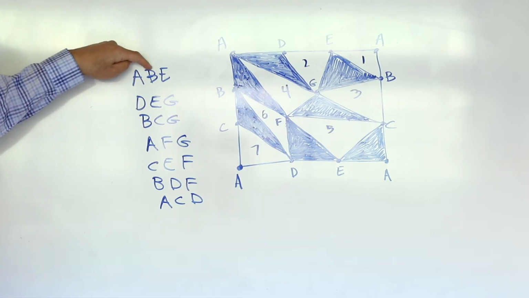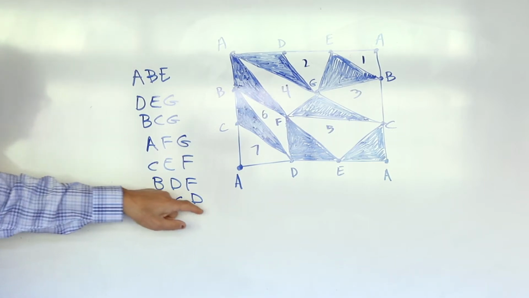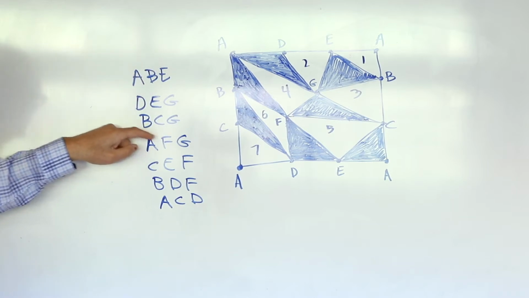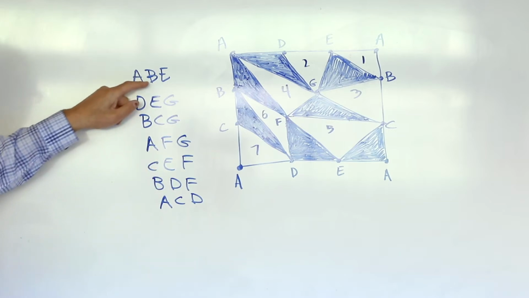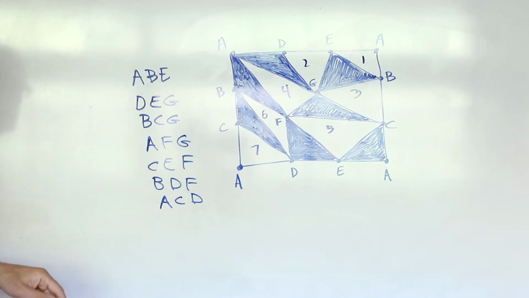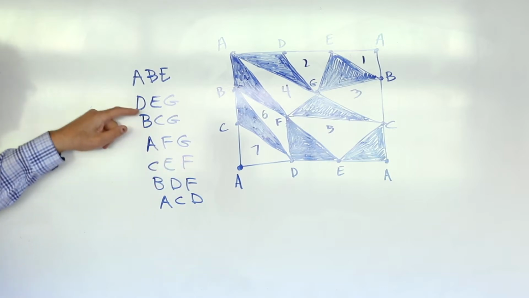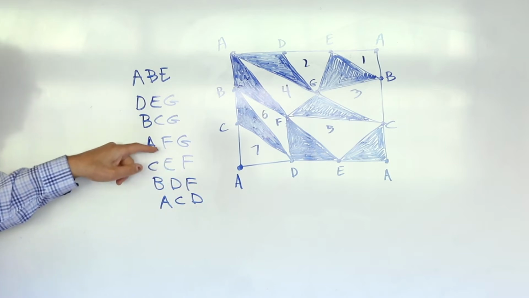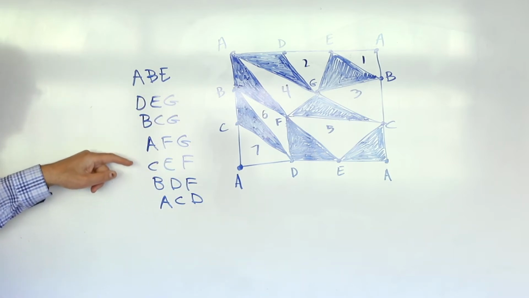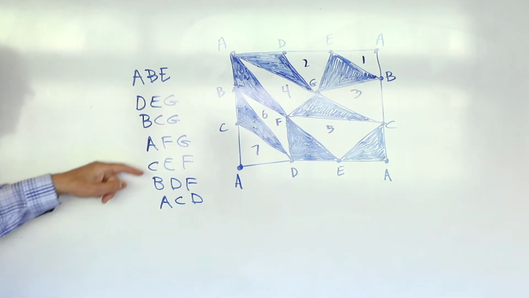So I'll have A and B in the same line, A and C, A and D, A and E, A and F, A and G, B and C, B and D, B and E, B and F, and B and G. I also have C and D, C and E, C and F, C and G, D and E, D and F, D and G, E and F, E and G, and F and G.